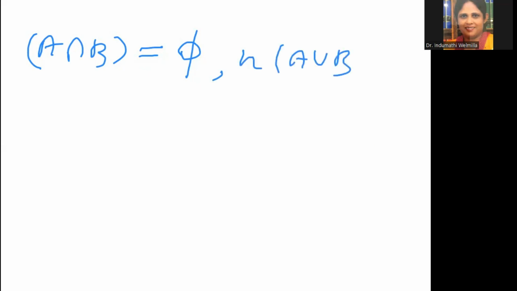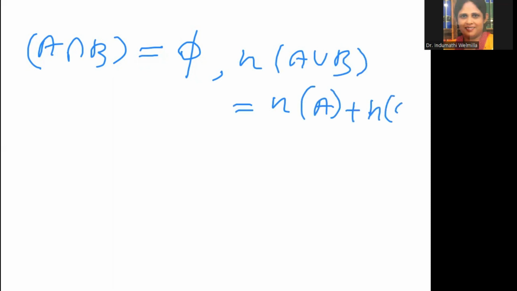And one more formula is, if A intersection B equal to the empty set, then what has happened? n(A union B) equal to n(A) plus n(B).